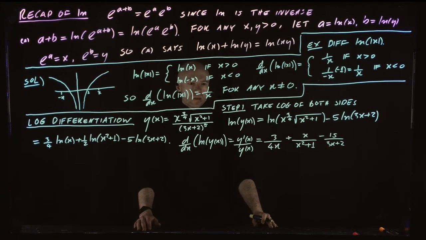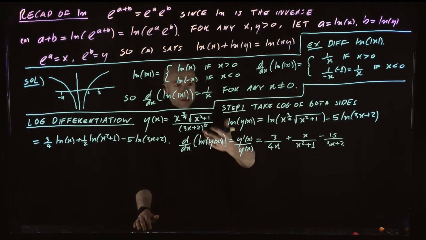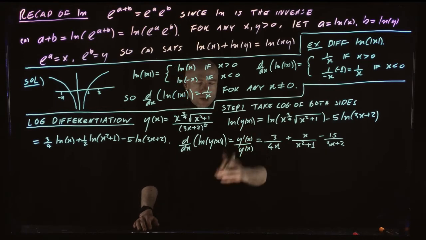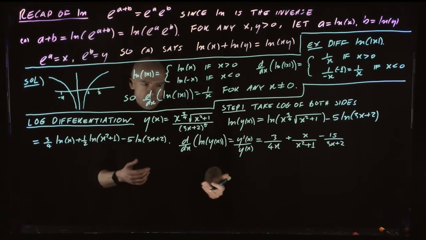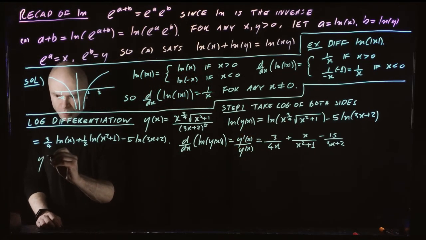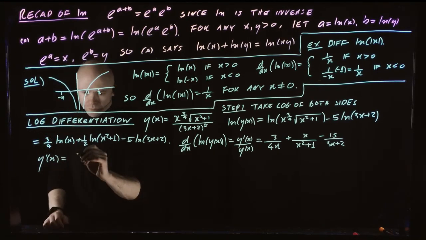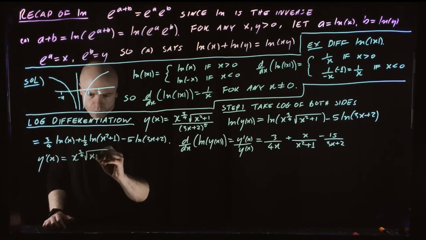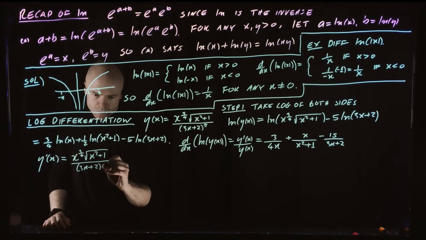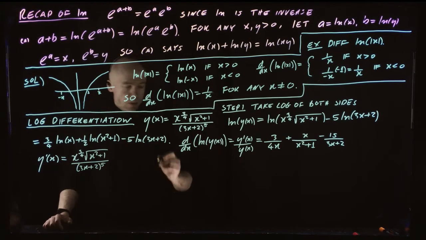Yeah? Okay. But now we see how we can find y prime. We just have to multiply everything by y of x. I'll multiply the left and the right hand side by y of x, and we have that y prime of x is equal to y of x and then this stuff.